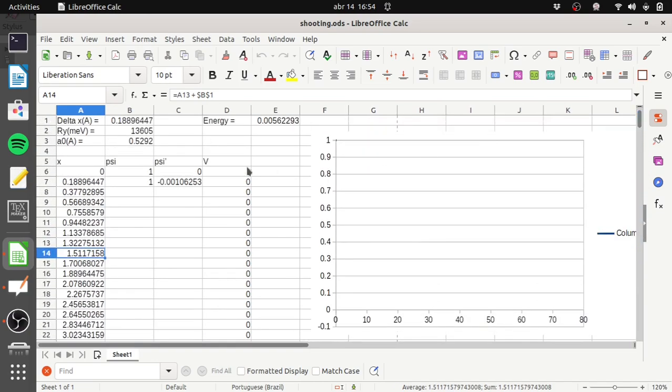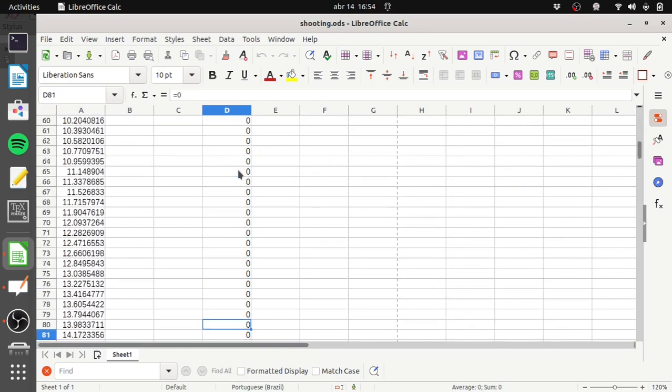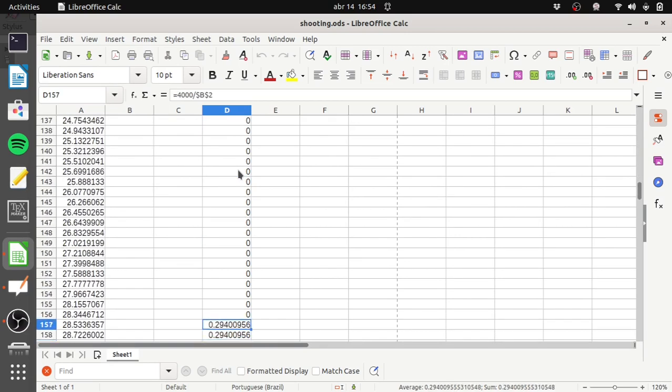So the other column I already defined was the potential, because this is also something I'm not calculating. This is something I'm giving to the code, right? I'm saying the potential is 0 everywhere until it reaches the 157th point in my grid. If you multiply by the 0.1 that I have for delta x, that would be something like 15 angstroms.